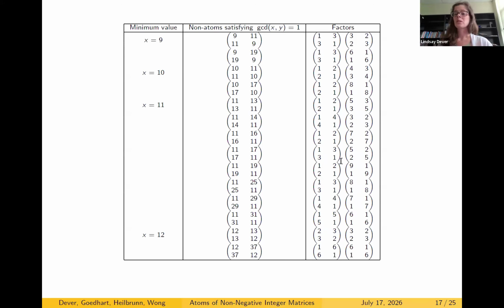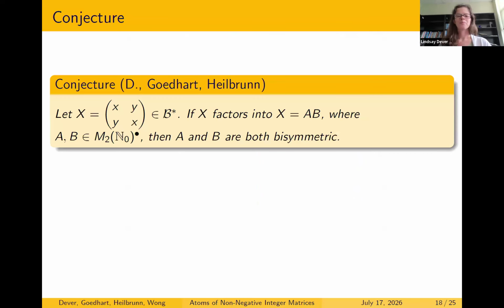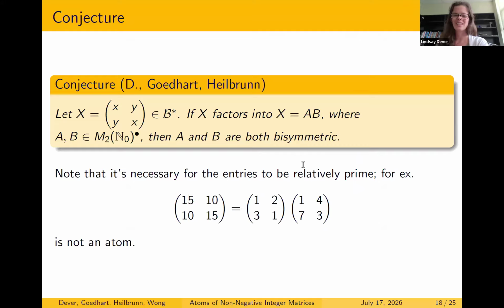But once we looked at tens of thousands of matrices and all of them only factored into other bisymmetric matrices, this became a conjecture: that if we have a bisymmetric matrix with relatively prime entries, and it factors, then both factors have to be bisymmetric. I did not believe this at first, but the algorithm doesn't lie, and it seemed to be true.